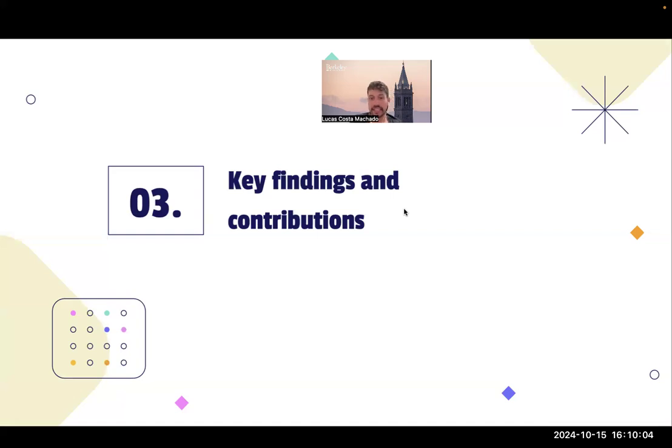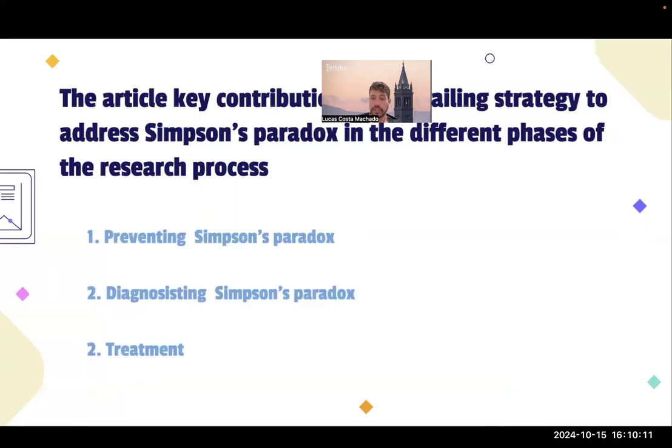In this third part of the presentation, we're going deeper into those aspects with the key findings and contributions. Basically, the key contribution of this article is detailing strategies to address Simpson's paradox in different phases of the research process: preventing, diagnosing, and treatment.